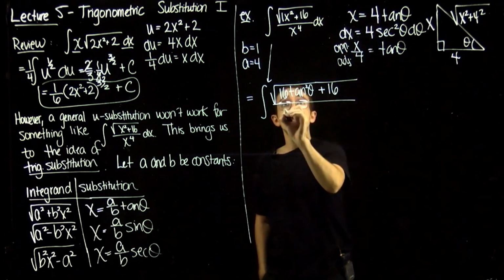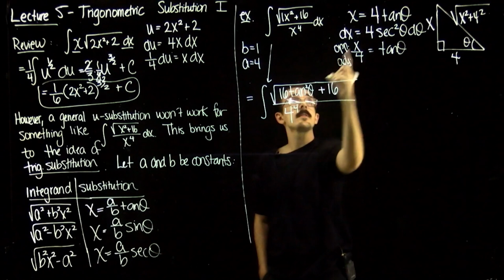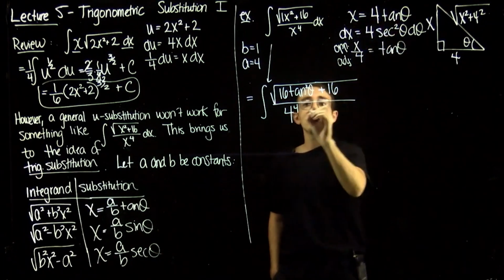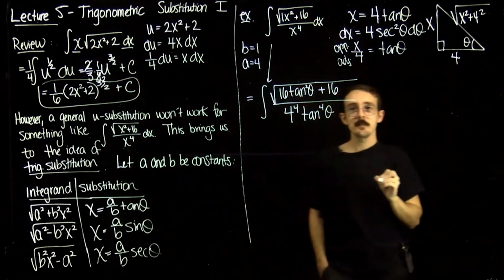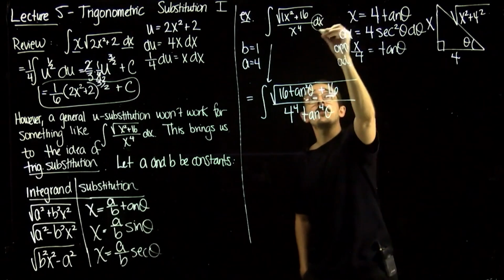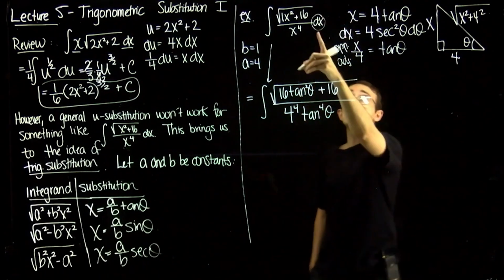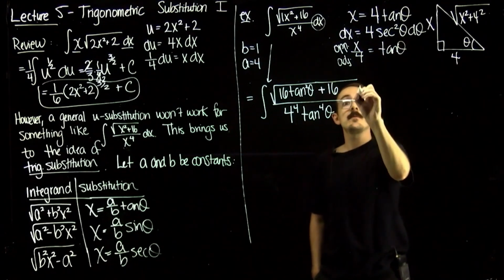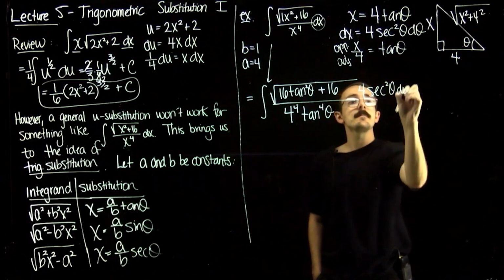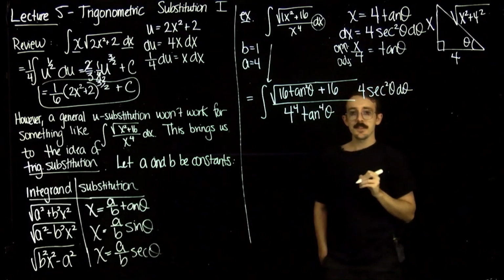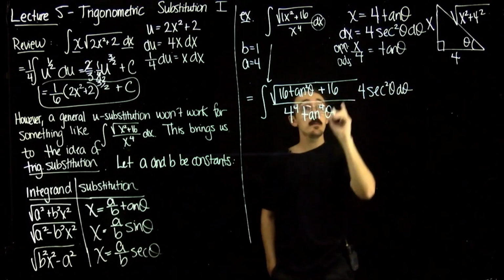Well, that's going to be 4 to the 4th, so I'm raising x to the 4th. 4 to the 4th tangent to the 4th. And then, don't forget this. This is commonly forgotten. What's dx? dx is 4 secant squared theta d theta. So that's our substitution so far.